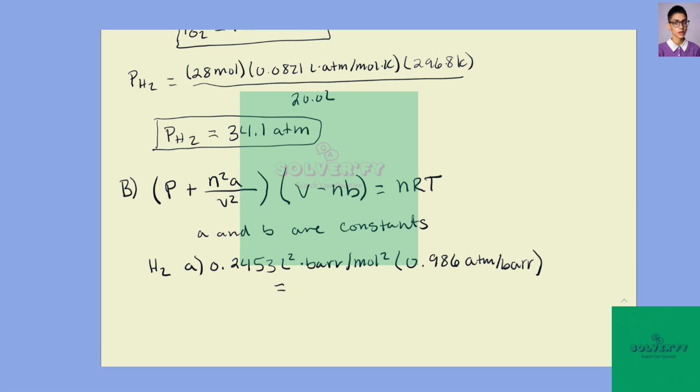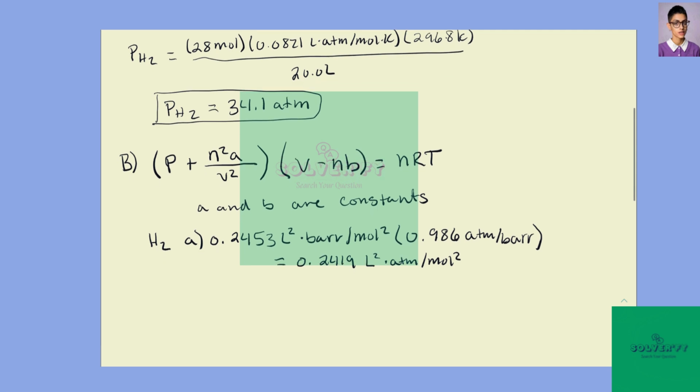So our A value is going to be 0.2419 liters squared atmosphere per mole squared. And then our B value for hydrogen is going to be 0.02651 liters per mole.